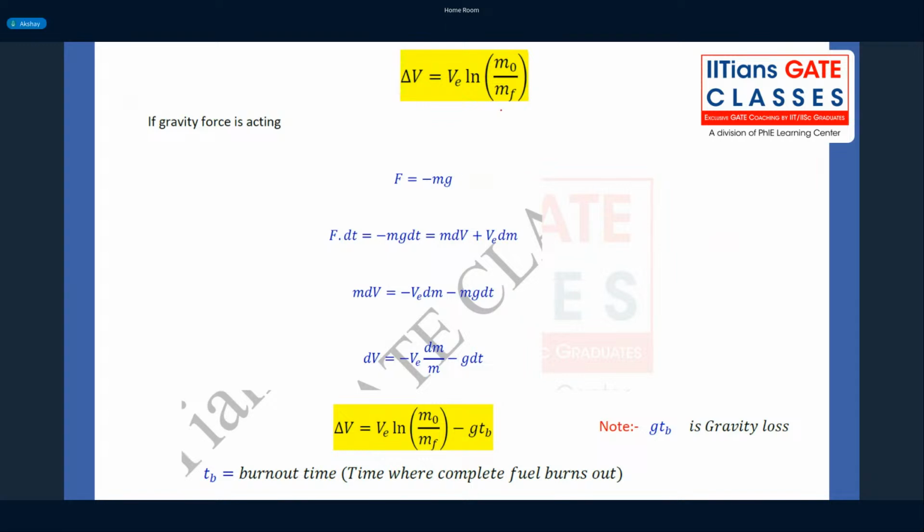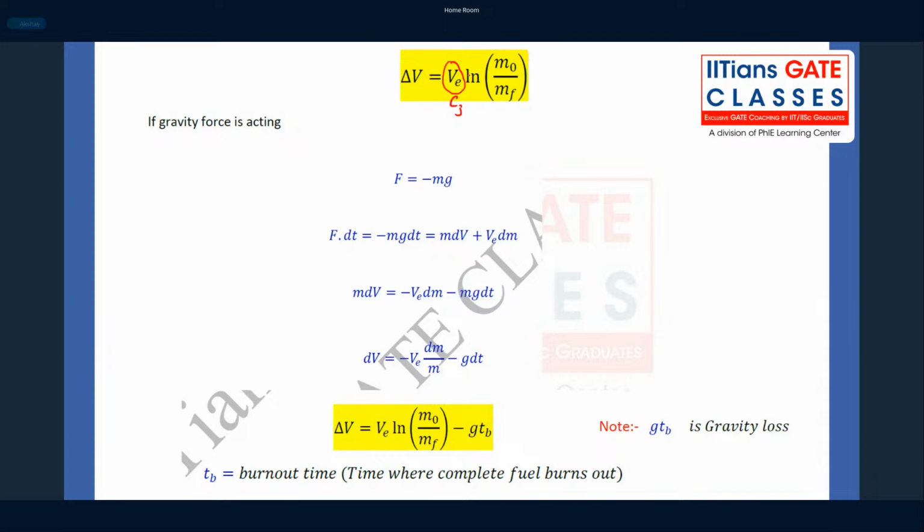What is very important in this equation is that it all relates to the velocity at which your mass is exhausting from the rocket, which can be ve or the effective exhaust velocity in general.